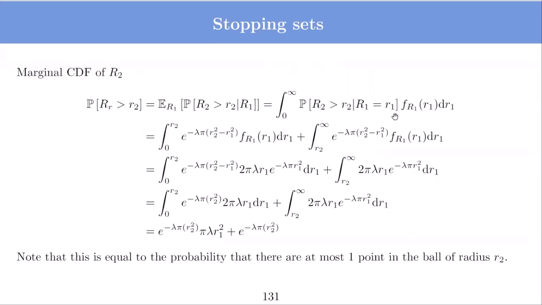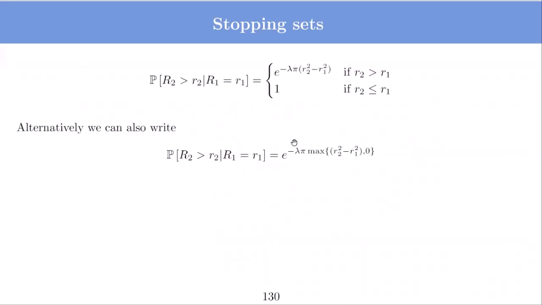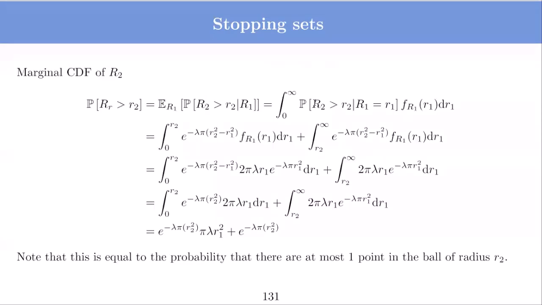For that, we put in this lambda pi r2 square minus r1 square, and pi r1 we already know, and then we integrate this expression over the distribution of r1, and we get this result. So this is the probability.